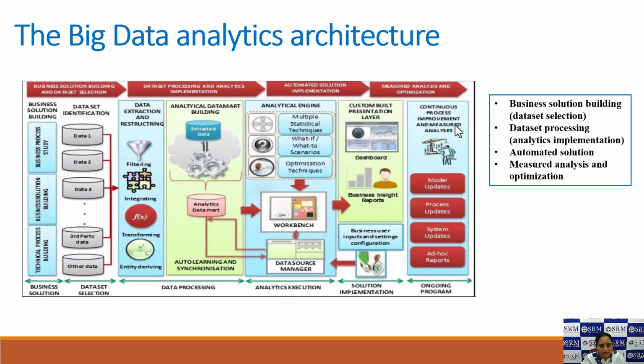That means you have come up with a solution with the big data, whatever is available, you customize it and give it as models to whichever applications need it. So the business solution building is the first step. Then data set processing, then automated solution, then machine analysis and optimization. So these are the basic big data analytics architecture components.